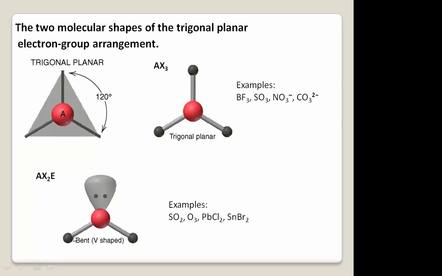So when you want to write this molecule, you write it as V shape or as bent shape. Molecules that exhibit this property are sulfur dioxide, ozone, lead dichloride, and tin dibromide.